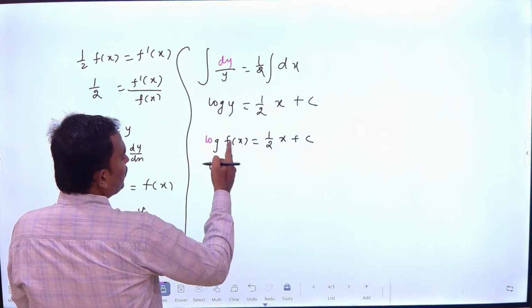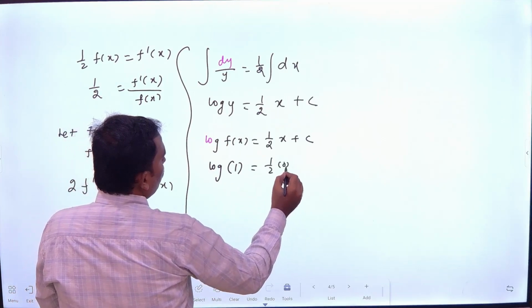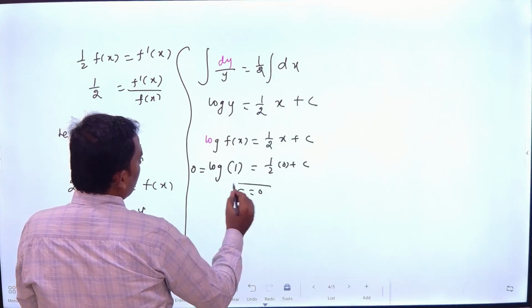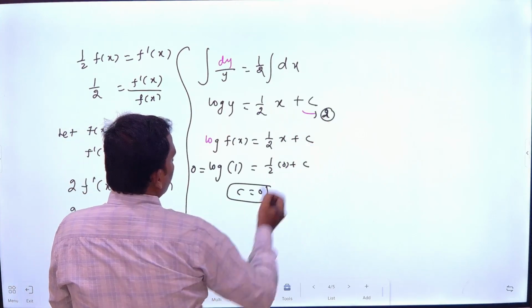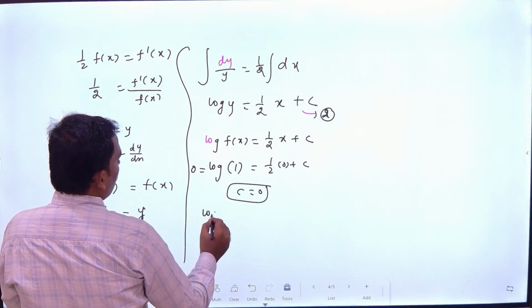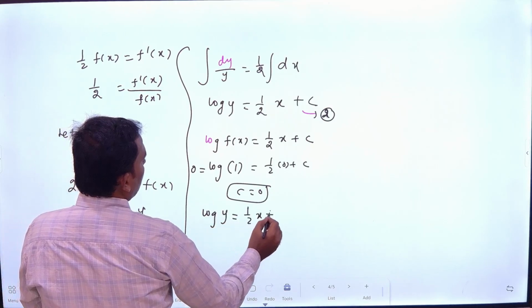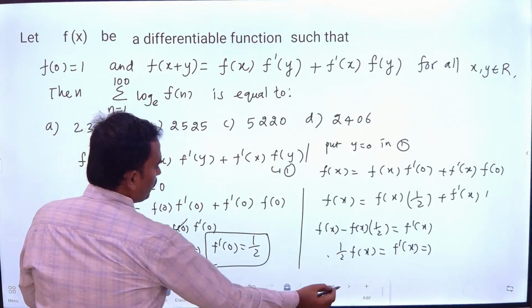Log f of 0, which is given to you as 1, right? So half times 0 plus c. Log 1 will be 0 only. Therefore, c will be 0. So let's take this as the second equation. Therefore, log y is equal to half times x plus c, which is 0, no? Then this is your function, right?